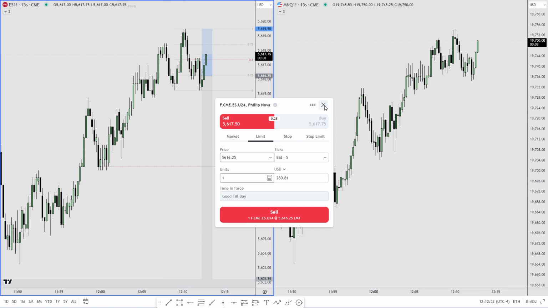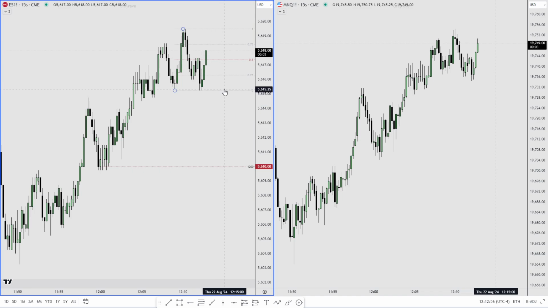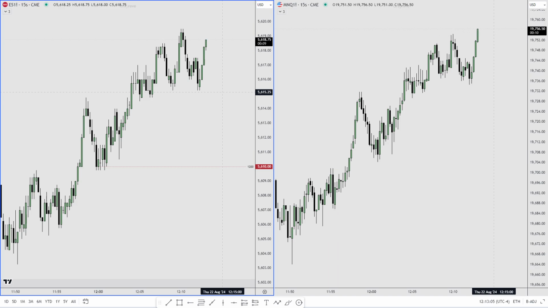Right. That is why I wait for my setup. Okay, let's see how we close this 50 minutes candle.